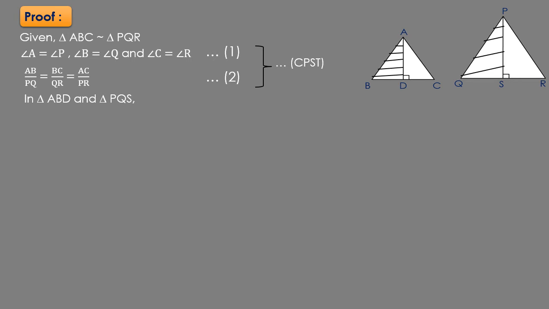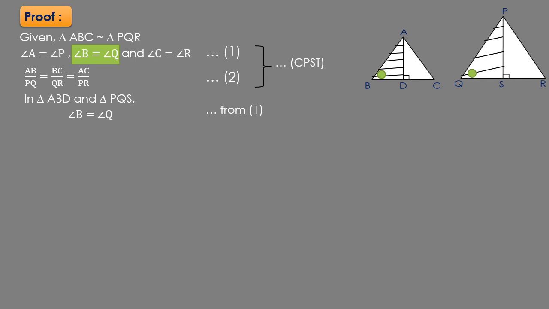Now in these two triangles, we can see that angle B and angle Q are equal, because angle B and angle Q are also the part of these two triangles. So angle B of triangle ABD and angle Q of triangle PQS are equal because of equation number 1. From 1 we can write this.